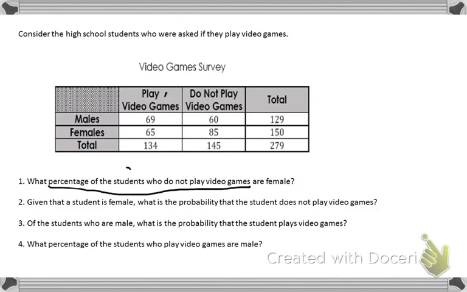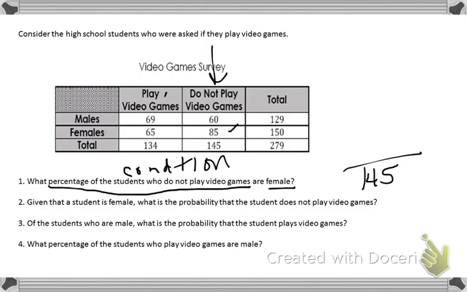This is our condition. Students who do not play video games. So let's find do not play video games. There are 145 of them. And the next thing says are female. All right, so let's find female. 85.